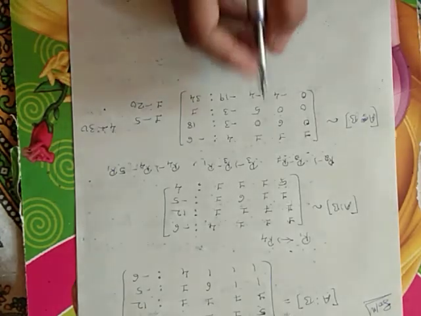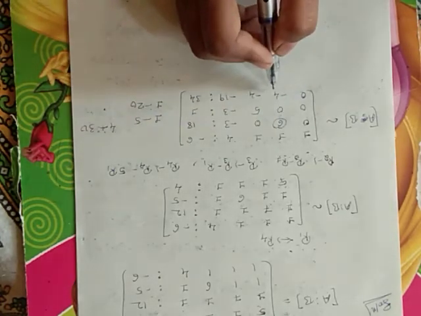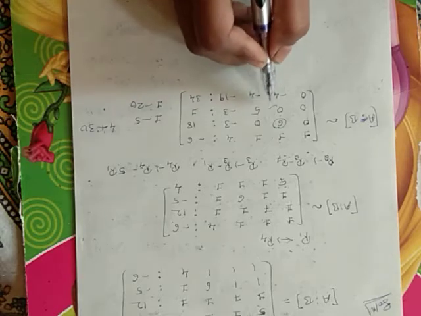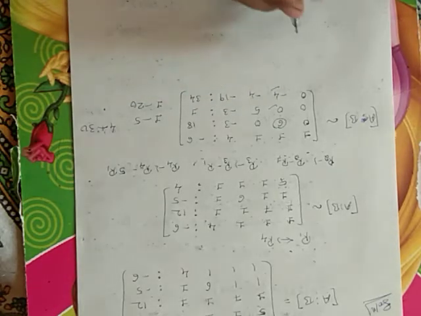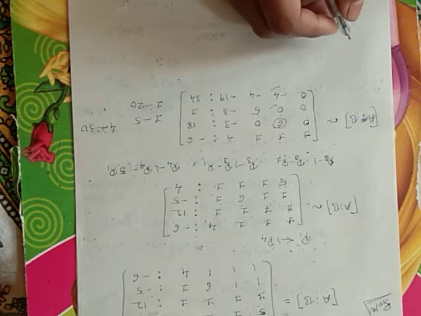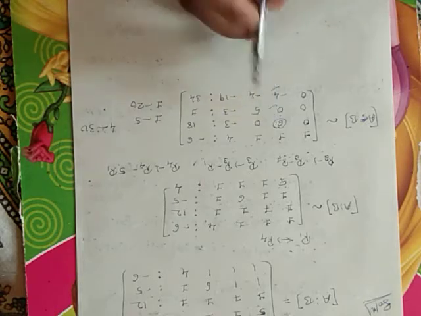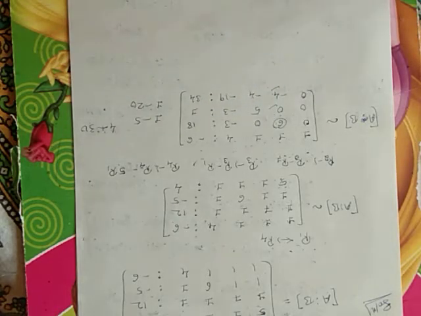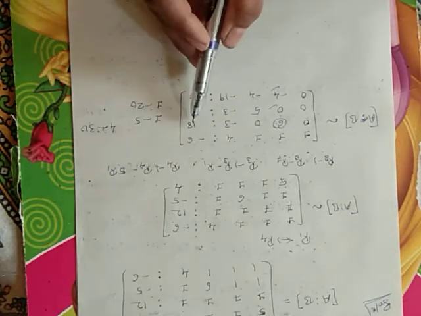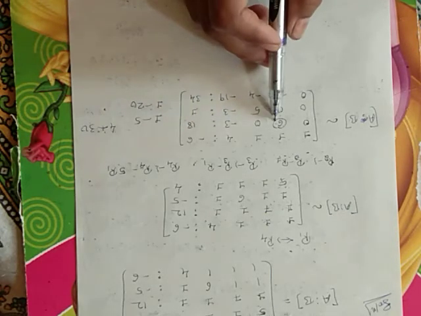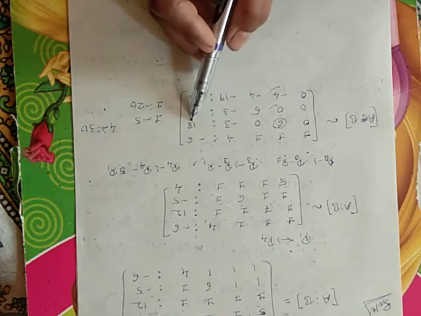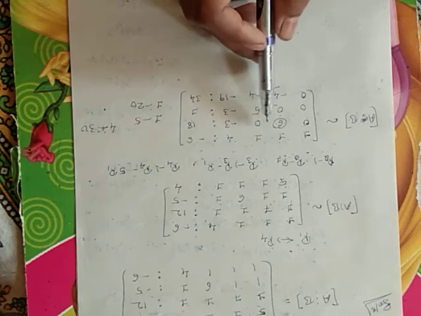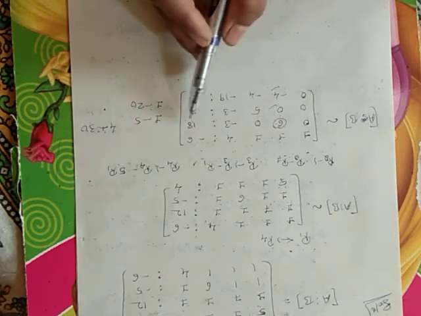So the next procedure is, using this element, make the below element 0. This one is already 0, make this term 0 now. Here it is a 6 and here it is a 4. All the terms in R2 are common with 3, so you can divide R2 by 3, then 6 by 3, minus 3 by 3, 18 by 3.